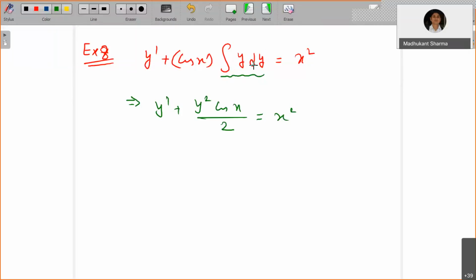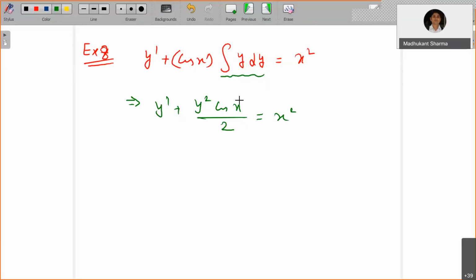If you have integration with respect to x, then there is a trouble because y is an unknown function of x. So now this is a first order differential equation. We have already seen that this type of problems are there, so we can decide the order of the differential equation up to some level.